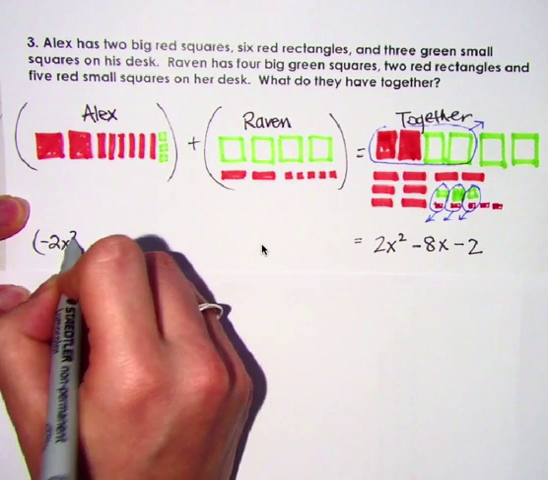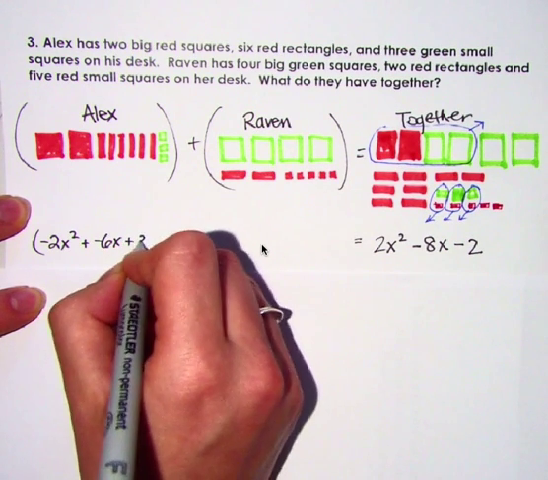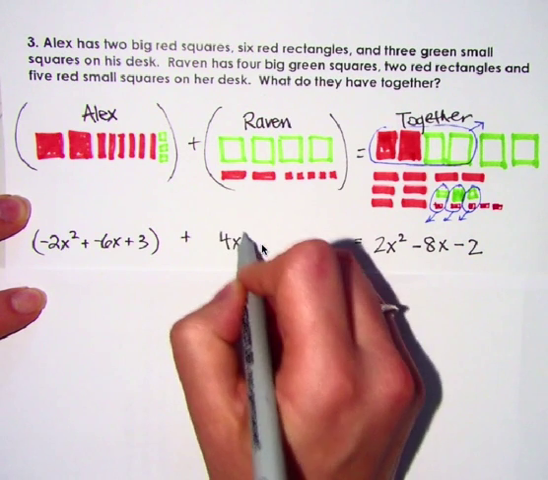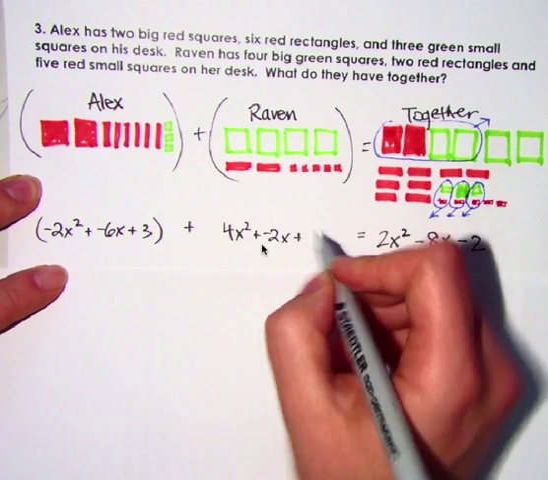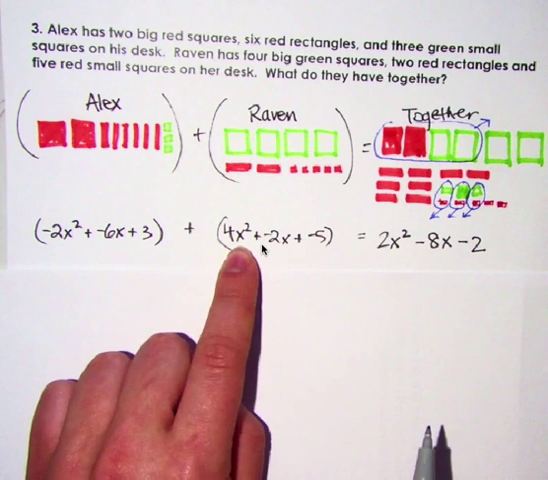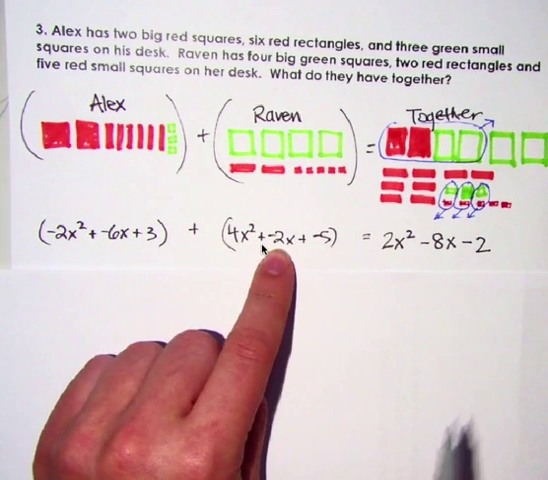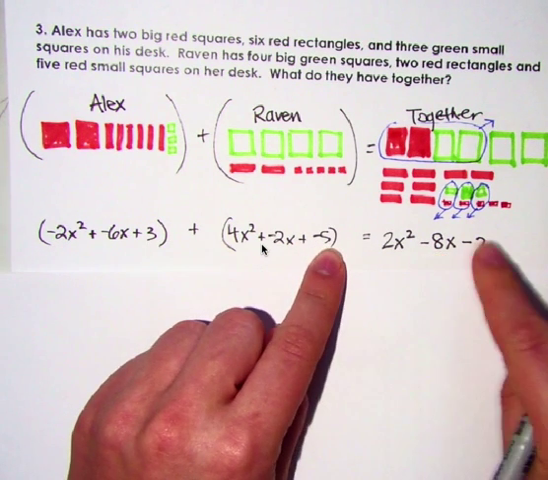Negative 2x squared plus negative 6x plus positive 3 for Alex. And for Raven, we have 4x squared plus a negative 2x plus a negative 5. All right, negative 2x squared plus 4x squared is in fact 2x squared. Negative 6x and a negative 2x is negative 8x, and then 3 plus a negative 5 is negative 2.